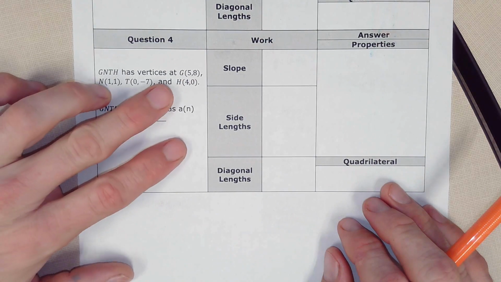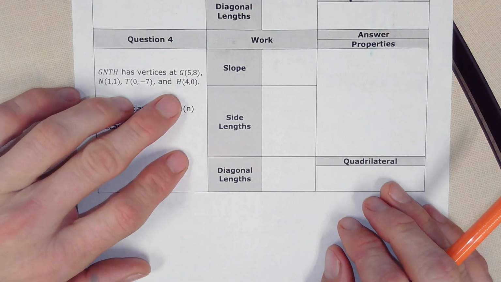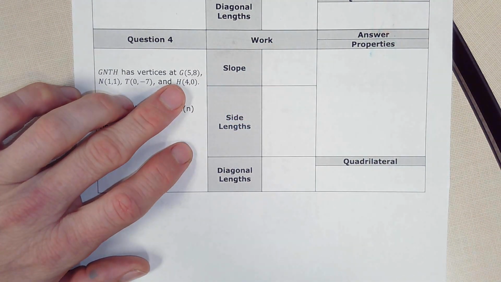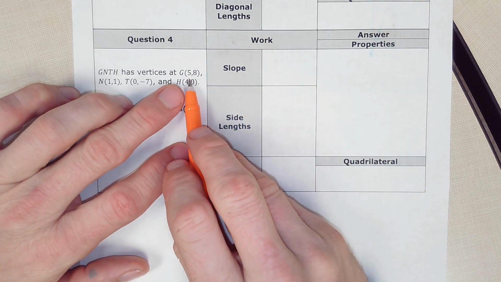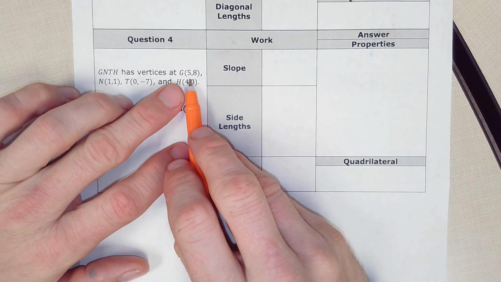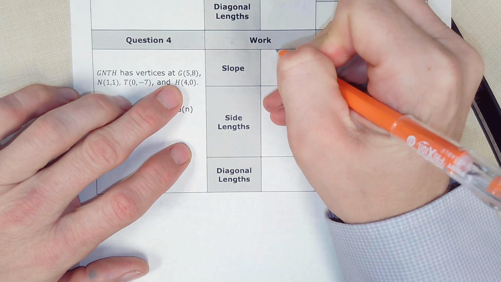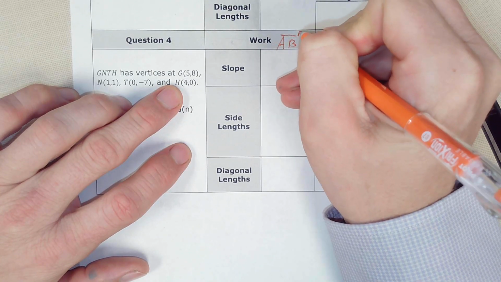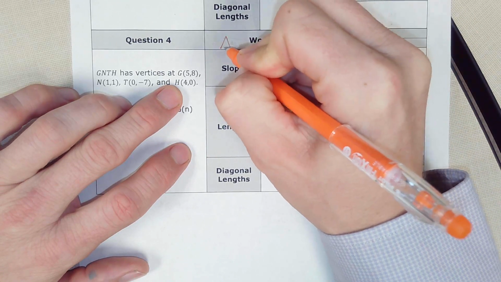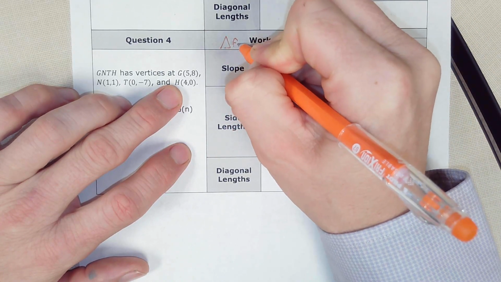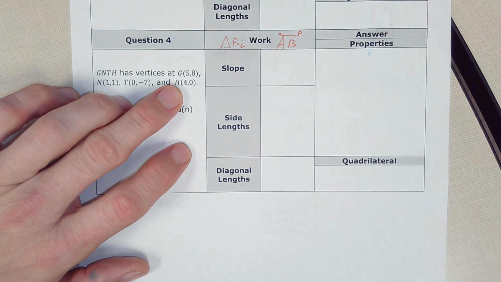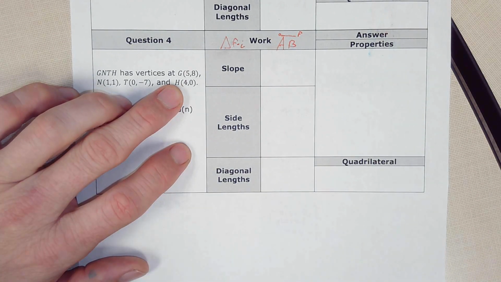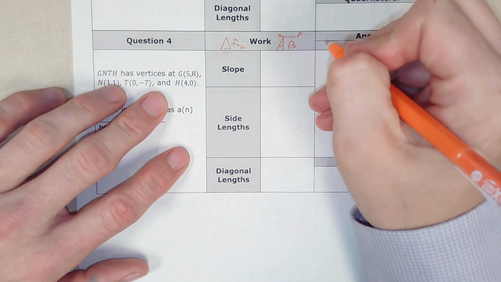All right, so what's the slope of this? We have your A, B, final, initial, and your delta is your final minus your initial. Okay, so what is GN?